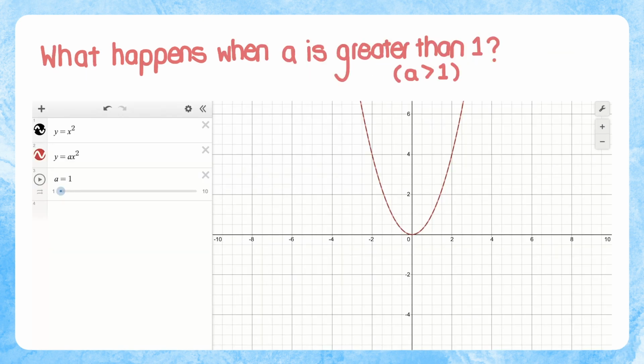Let's see what happens when a becomes larger than 1. So what happens when a becomes bigger and bigger? Notice how the graph gets more narrow. The graph has a vertical stretch. It becomes more narrow as a gets larger.